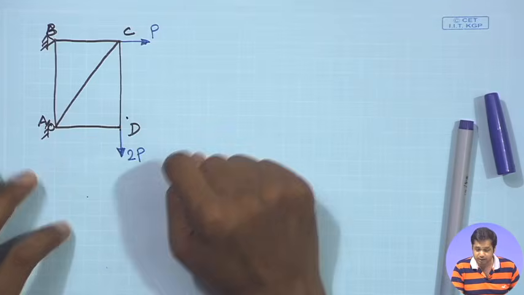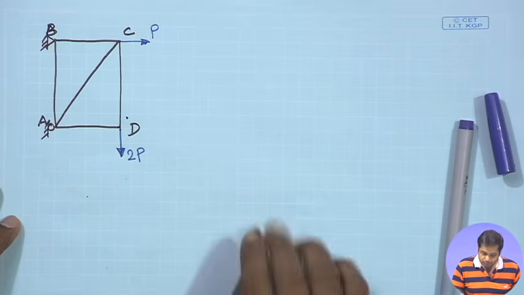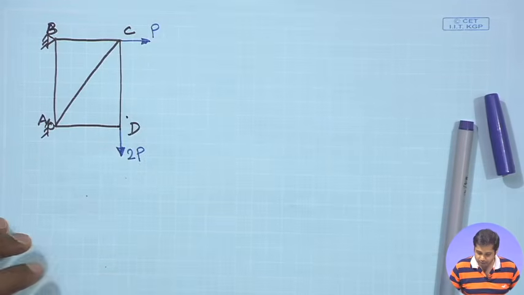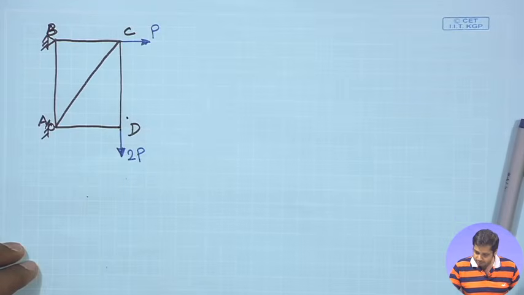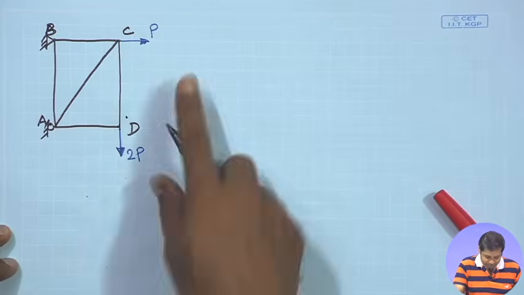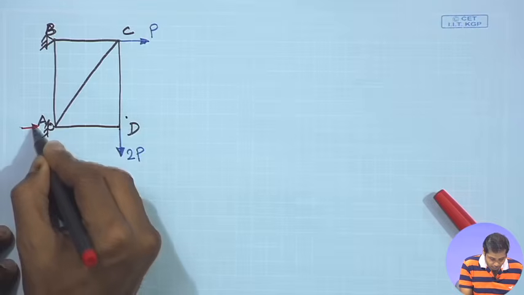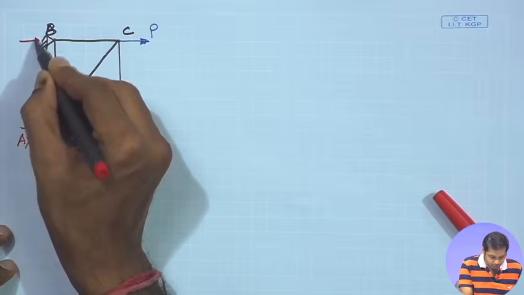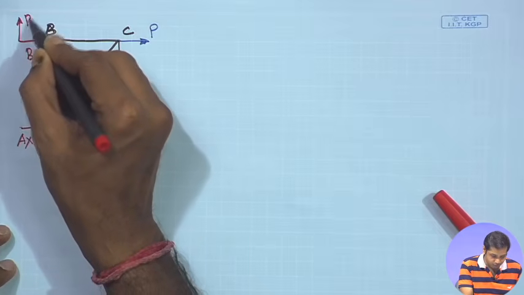We then use those two results to get the final displacement. Let us first draw the free body diagram of the entire structure. We have the horizontal reaction Ax, the horizontal reaction Bx, and the vertical reaction By.